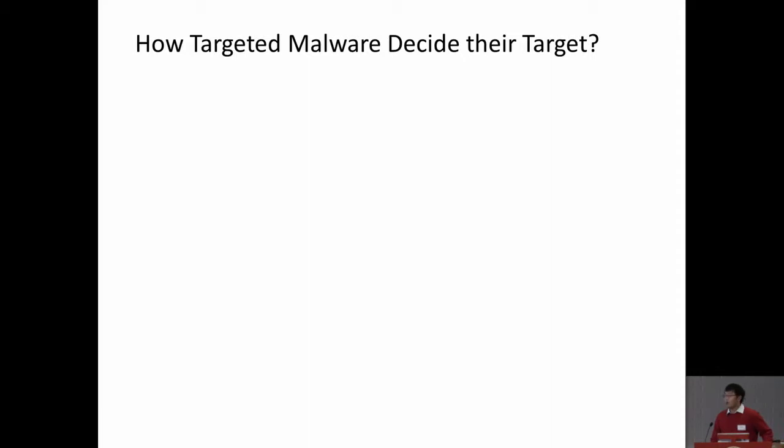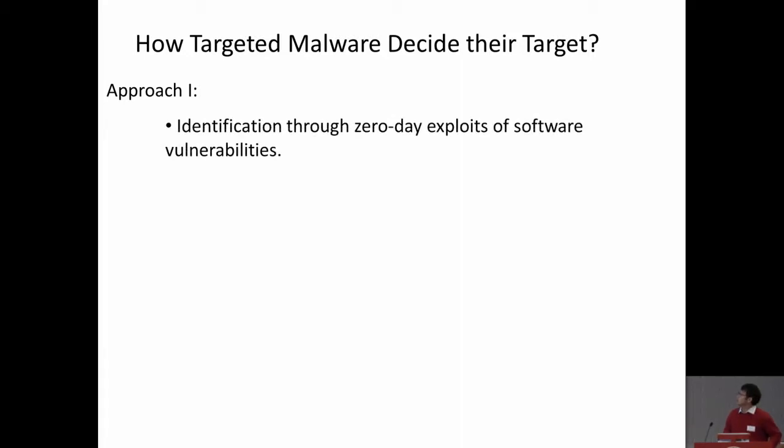So our question and motivation from this target malware is how the target malware decides their target. We did some research and found there are several ways. The first common way is identification through zero-day exploits of software vulnerabilities.